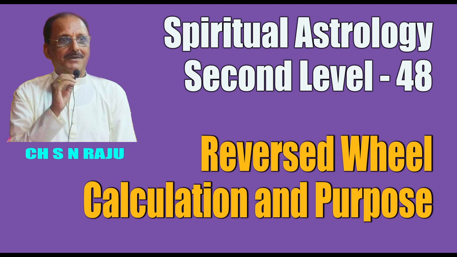In the third category, again, what happens? We have to calculate the progressed horoscope in the clockwise direction, that is from Aries to Taurus. We have to calculate the way we calculate in the case of the first category people.